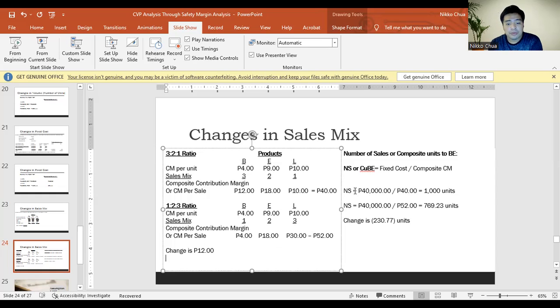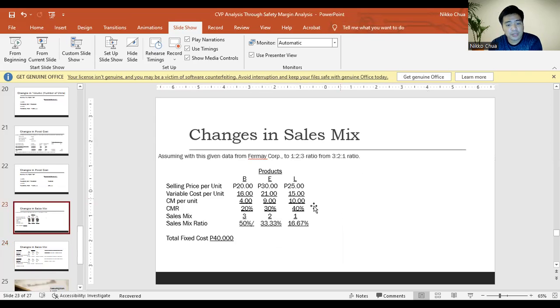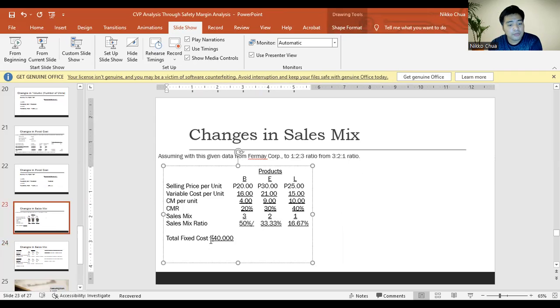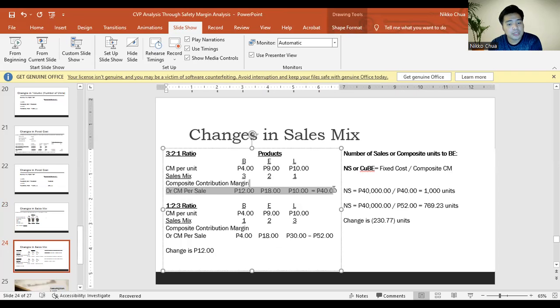So, pag solve natin dyan is fixed cost over composite contribution margin. Tingnan natin yung sa first. That is 40,000, ang total fixed cost over the composite CM natin. Ito po yung composite CM natin, 40 peso.